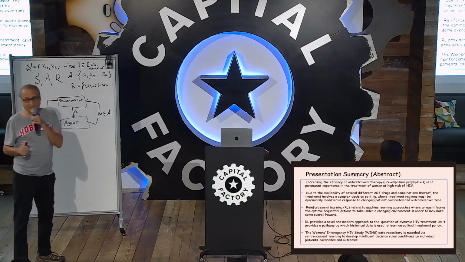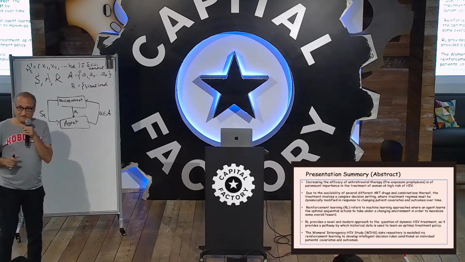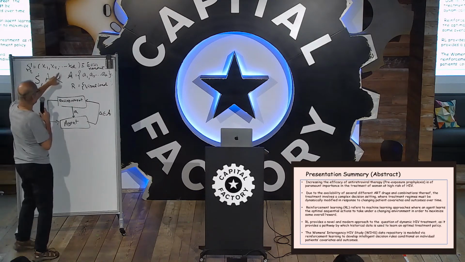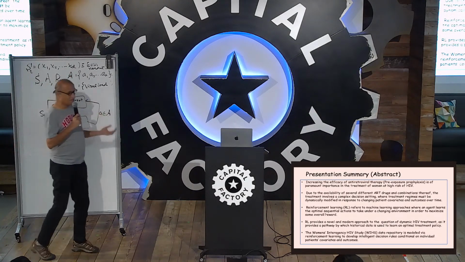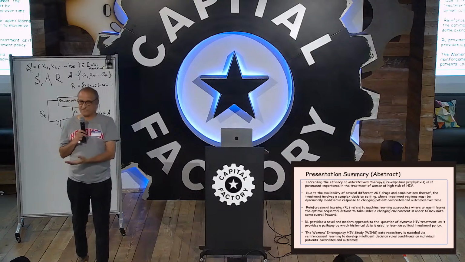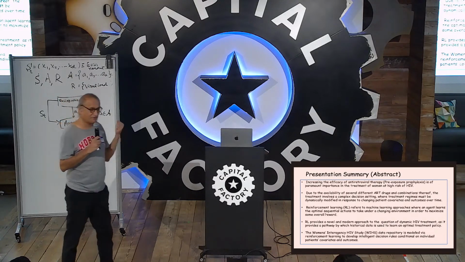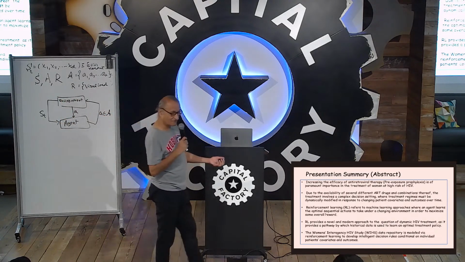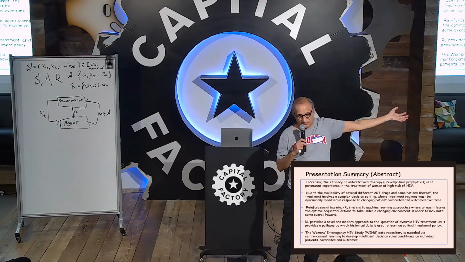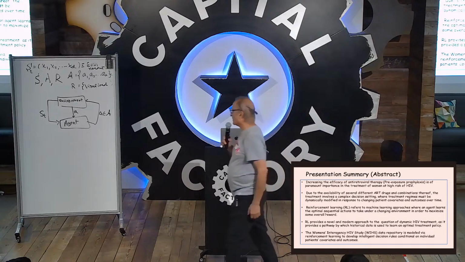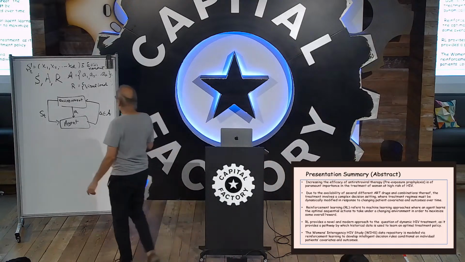In an application, it could be very hard. This could be a large dimensional vector. And then there is this issue of exploitation versus exploration. Exploitation is, are you looking for immediate reward, or are you looking for long-term reward over a longer period of time? So those are all the issues that come into the picture.